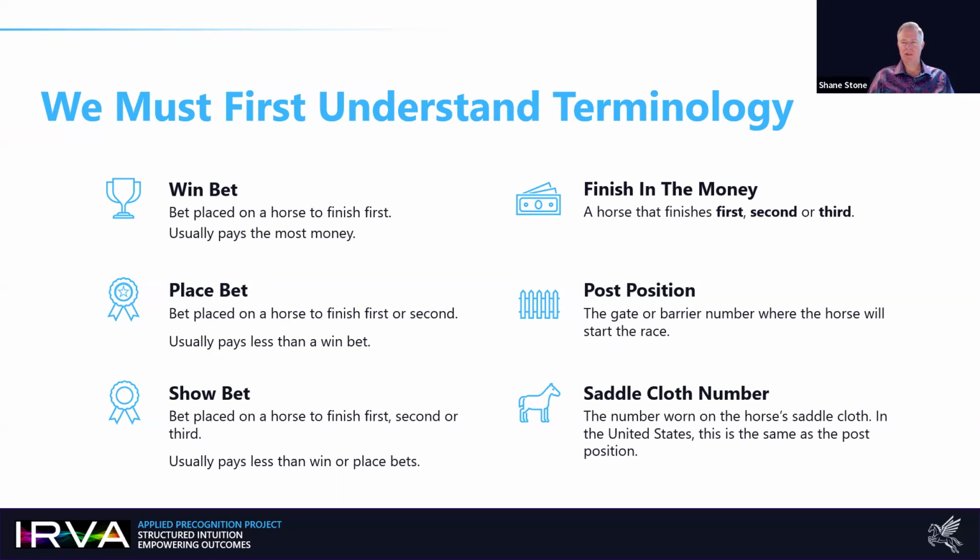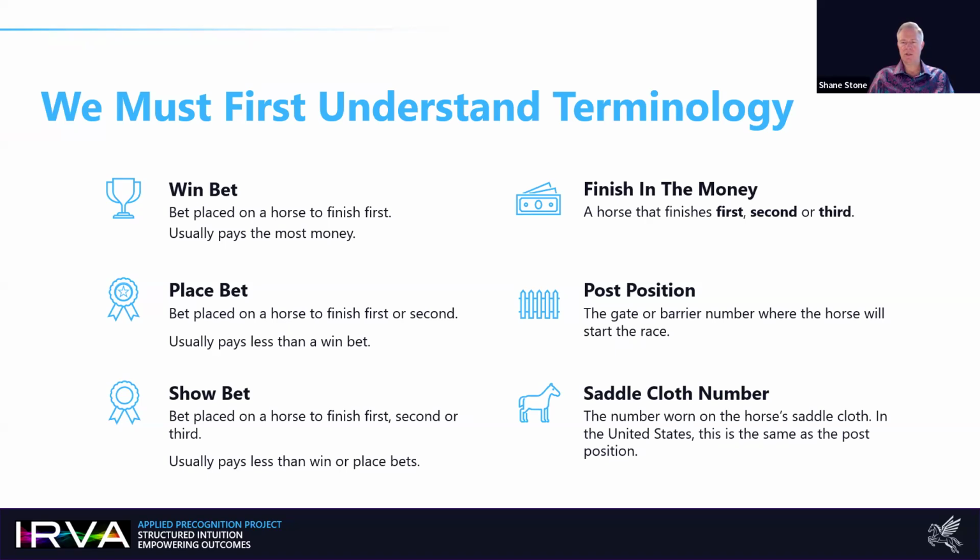We have the post position, which is the gate or barrier number where the horse will start the race. As we'll see when we fire up the live race, the horses line up in gates. The gate that is closest to the barrier is post 1, and then it progresses to post number 2, 3, 4, etc. Then the saddle cloth number.